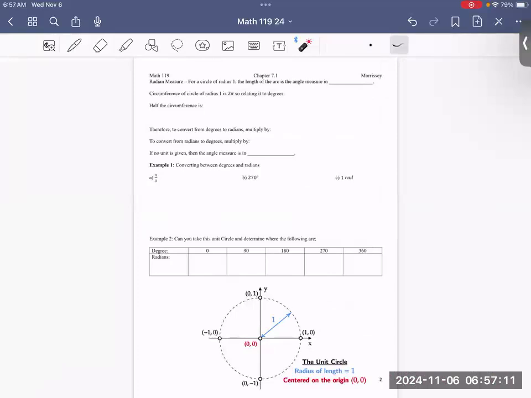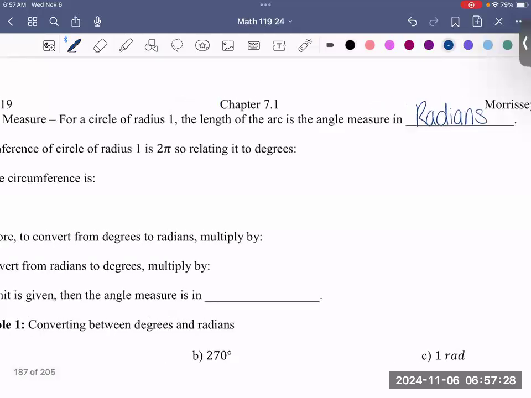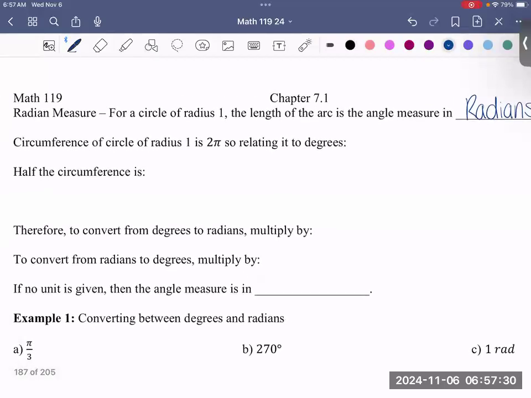Now let's talk about radian measure for a moment. For a circle of radius 1, the length of the arc is an angle measure in what we are going to be learning today as radians. So the circumference of a circle with a radius of 1 is 2 pi. We just talked about that being the circumference of a circle, starting with radians.